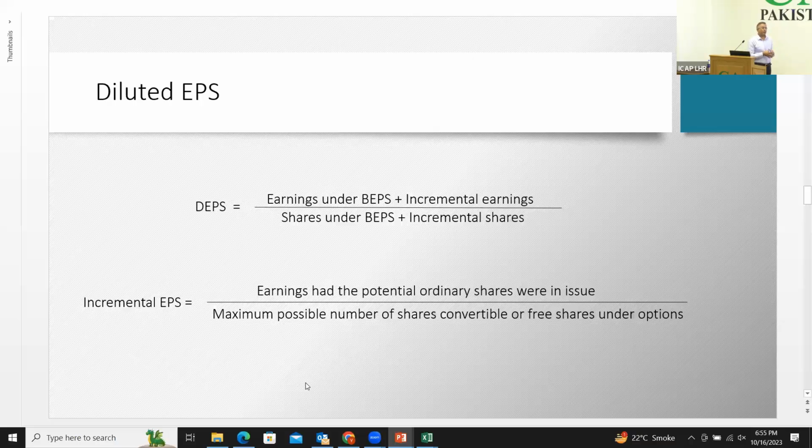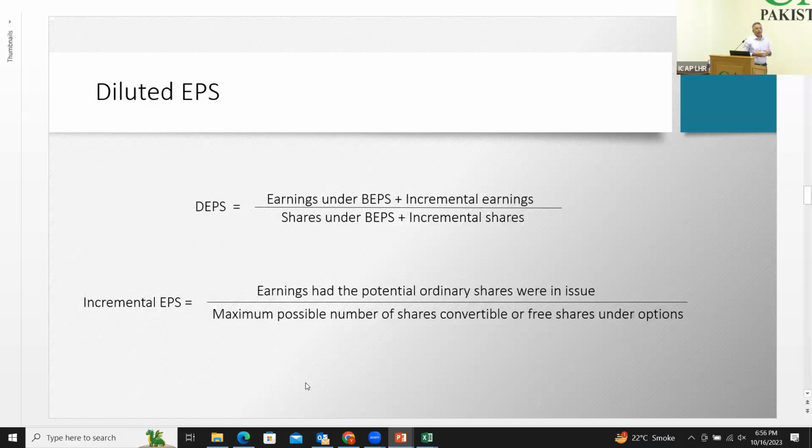Individually, a potentially issuable share may be dilutive, but in aggregate it may be anti-dilutive. That's why there is a concept of incremental EPS. Incremental EPS means effect on earnings divided by effect on number of shares. This will be your incremental EPS. And then if there is more than one potentially issuable share, there will be a ranking from the most dilutive to the least dilutive, and then you start adding one after the other. And which EPS is most dilutive?